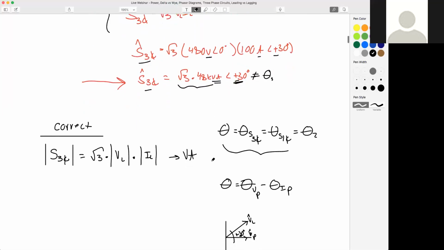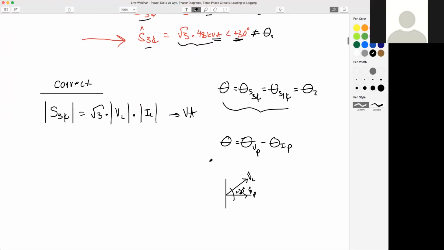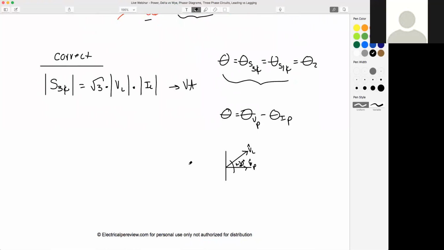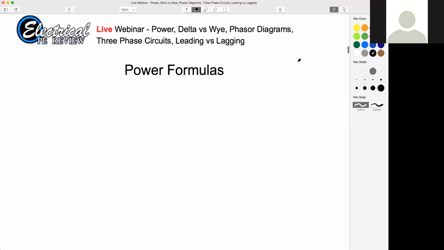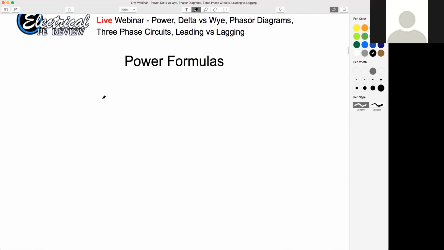So when are you going to expect to see this? Nine times out of 10, a problem is going to give you two things. It's going to give you your three-phase power in volt amps, and it's going to give you your power factor.